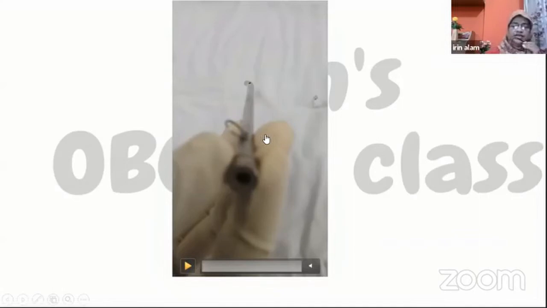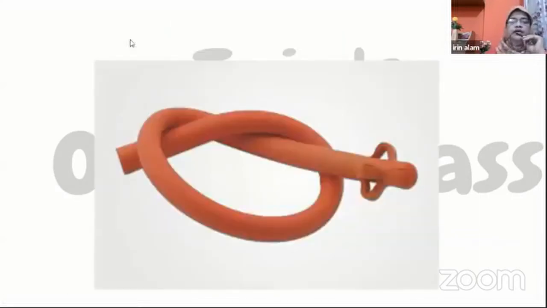There are also other types of catheter. This is called a plain rubber catheter. Here, this end is perforated and urine may come. There are different uses in our practice.